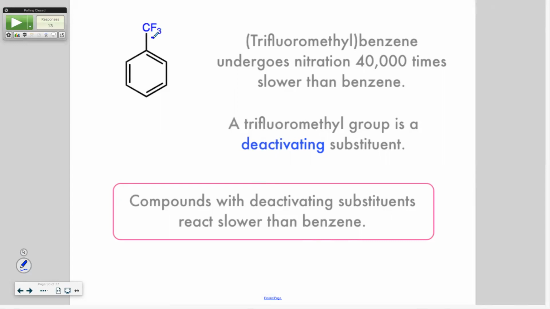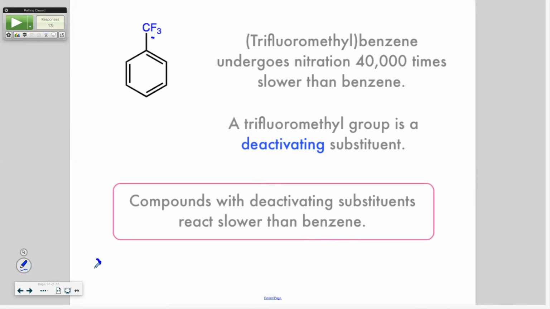What do you like? You like electron density, okay? So if you pull electron density out of the ring, that ring is not able to go and attack an electrophile because it doesn't have as much electron density in it. Okay, why is a methyl group an activator? Yeah, it pushes electron density into the ring.